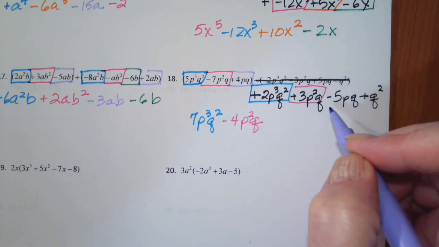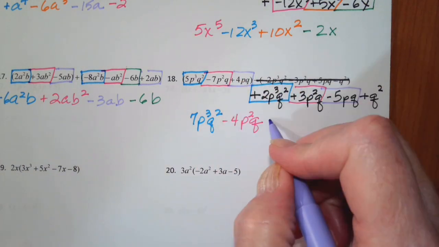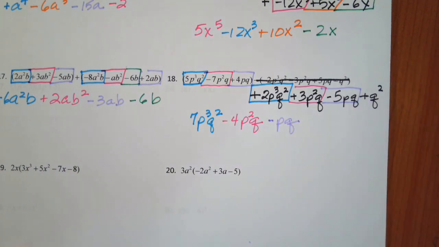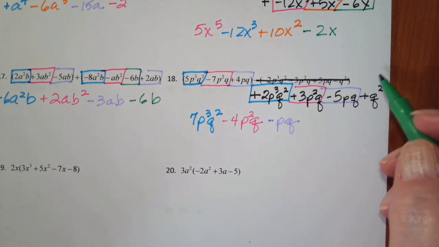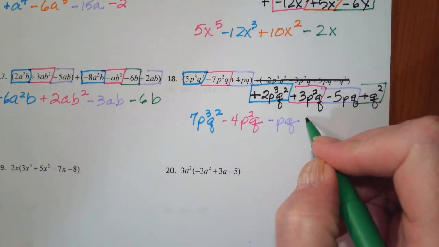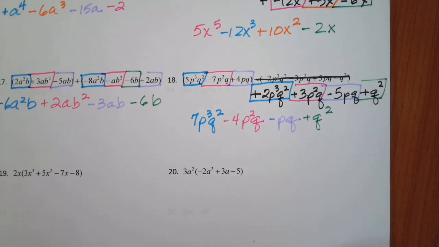A pq, another pq, 4 minus 5 gives me negative 1 pq. And then lastly, I've got a q to the second all by itself.